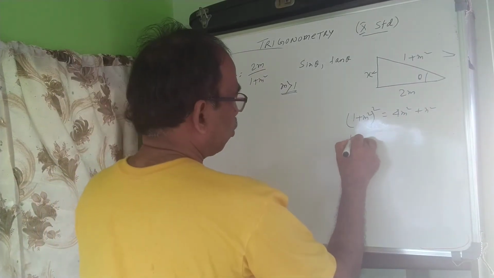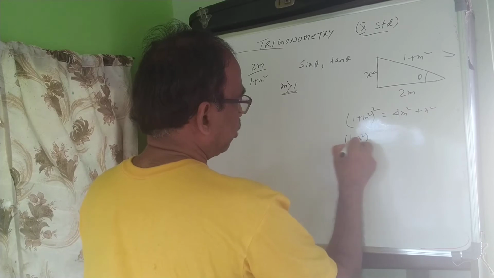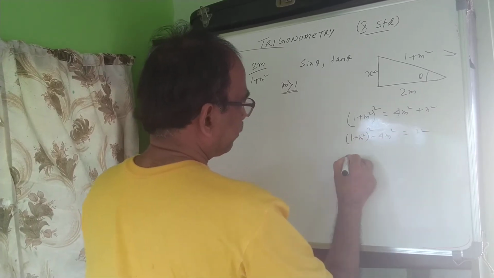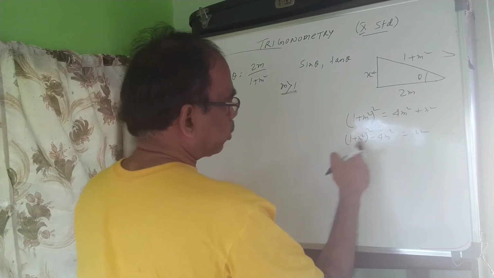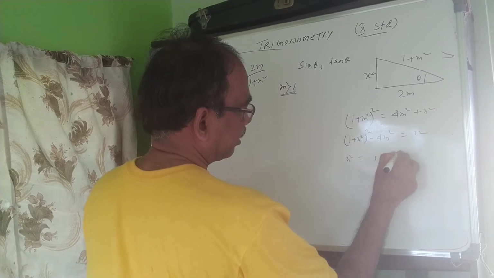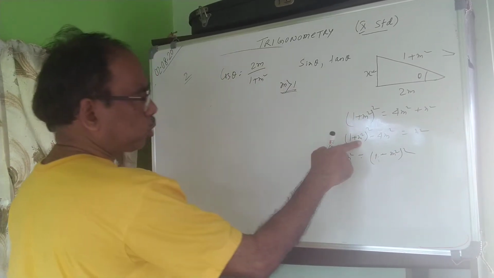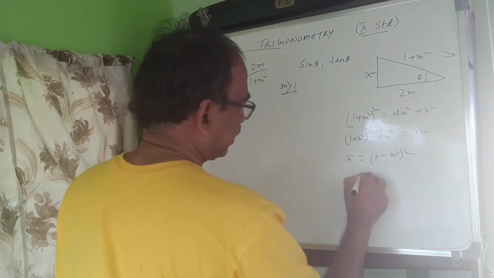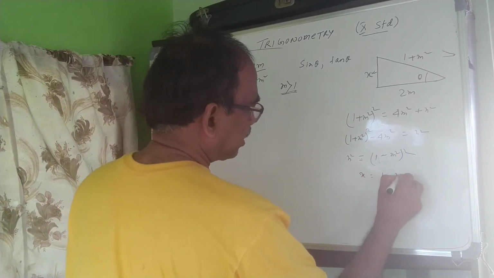That is 1 plus m square whole square minus 4m square equals x square. Using a plus b whole square minus 2ab, that is 1 minus m square whole square, so x equals 1 minus m square.